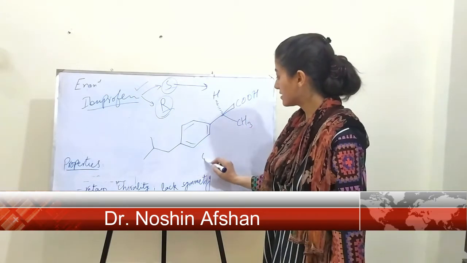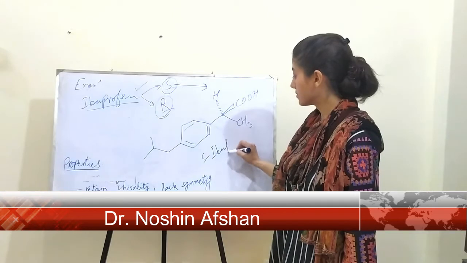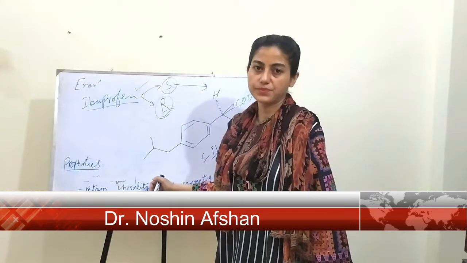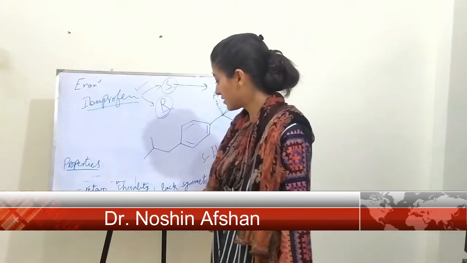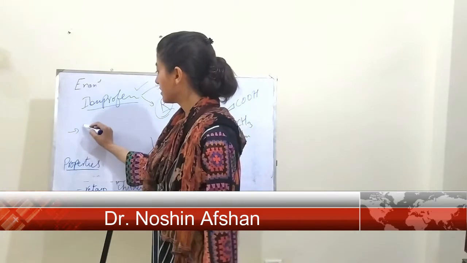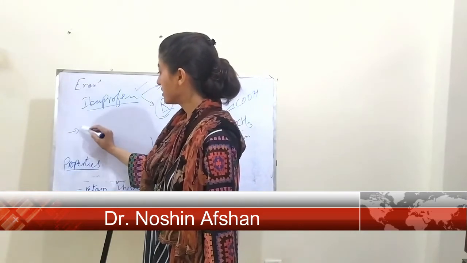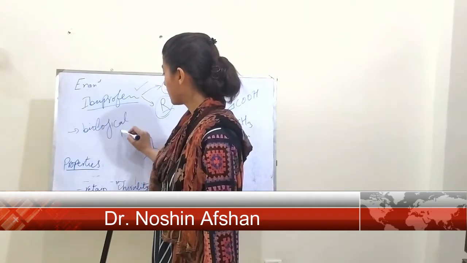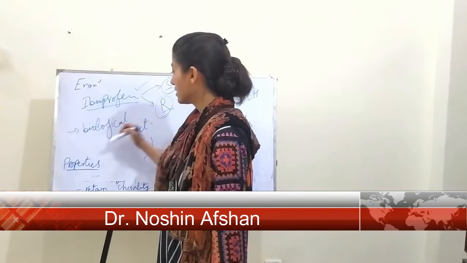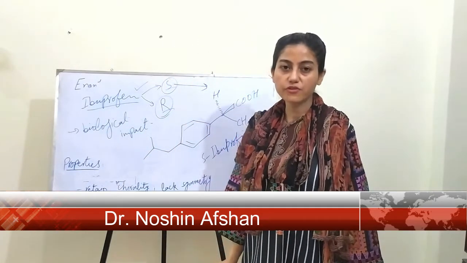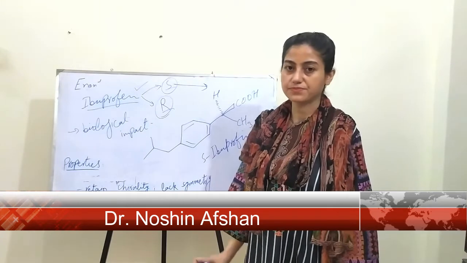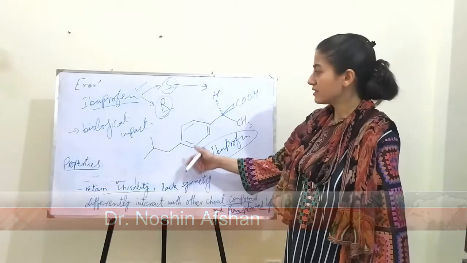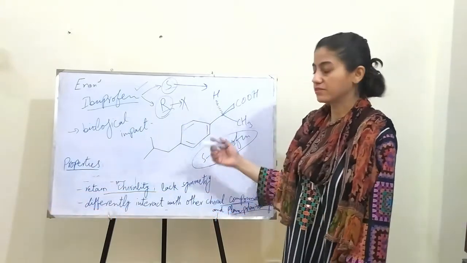So this is S ibuprofen and it is used to treat pain. So in this way we may say that their next property is that the enantiomers have biological impact. So biologically the enantiomers are very, very important. The S ibuprofen is the only one used to relieve the pain and the R isomer is inactive in this way.